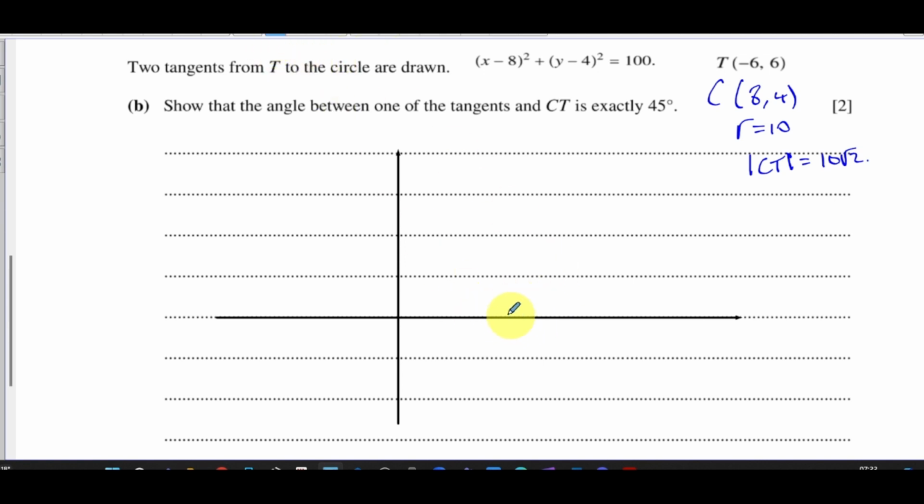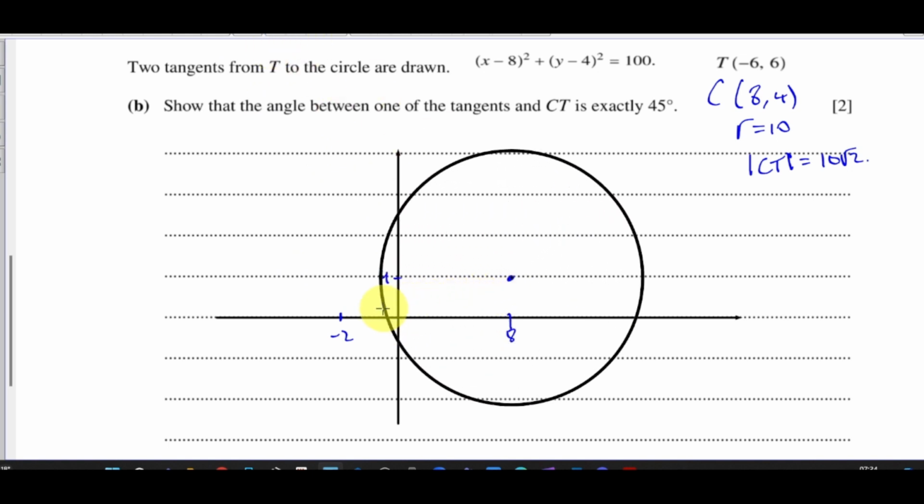So I'm going to just make a rough sketch here. So 8, 4, let's say 8, 4 is somewhere over here. Okay, it's just a rough sketch. 8 and 4. And we mentioned that the lowest value you can reach is negative 2, because the radius is going to be 10. So the lowest value in the x is going to be negative 2. So let's say it's going to be something like this.